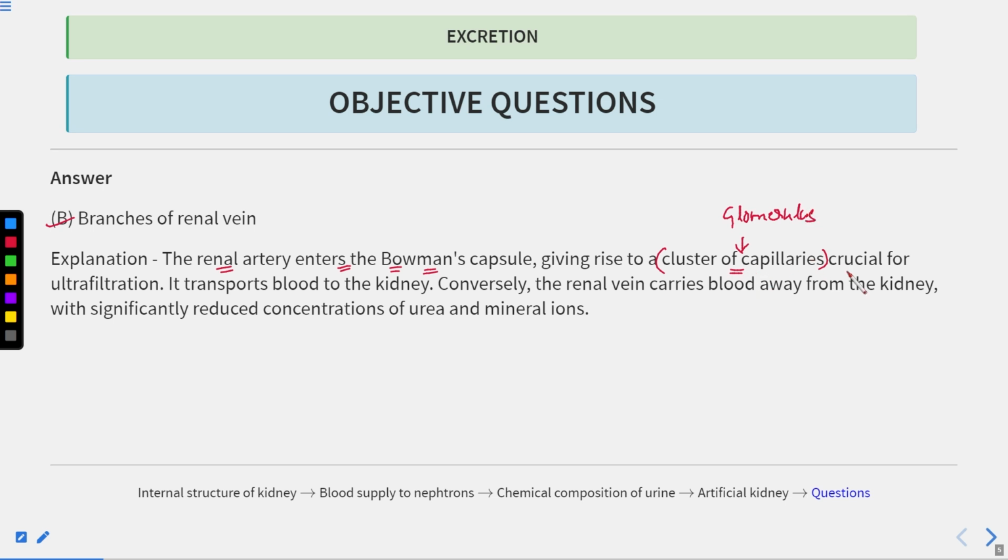This cluster of capillaries is crucial for ultrafiltration, and the filtration is because of the blood pressure present in the afferent arteriole, which is part of the renal artery. The renal artery carries the oxygenated blood from the heart to the kidney.